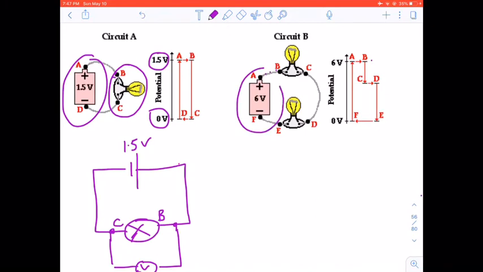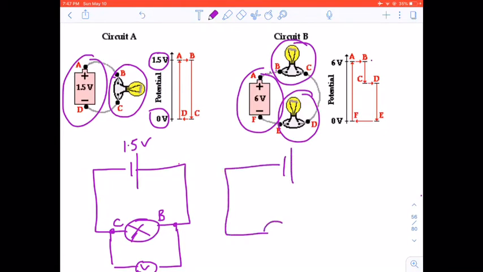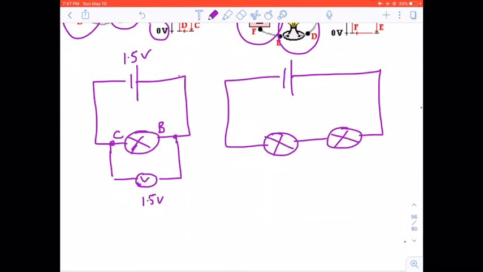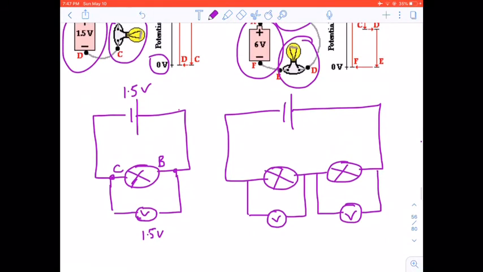Here we have two bulbs, so across each one there will be a potential drop. There's a bulb, and there we have another bulb, and if we have a voltmeter there, and a voltmeter here, you're going to have a potential drop.